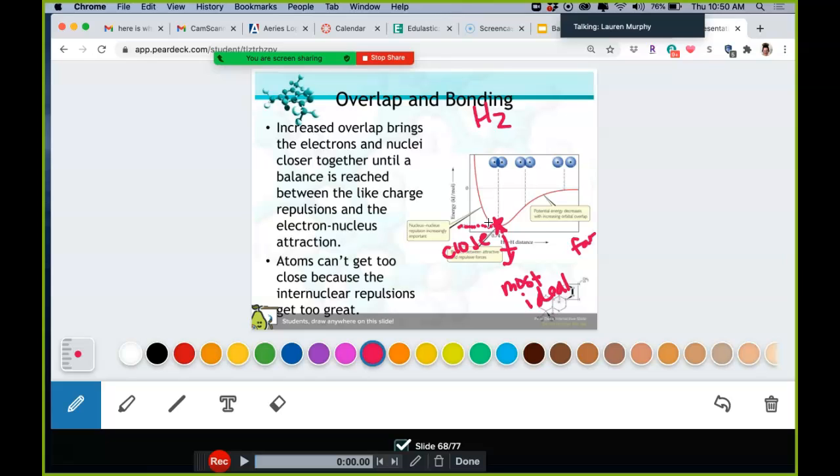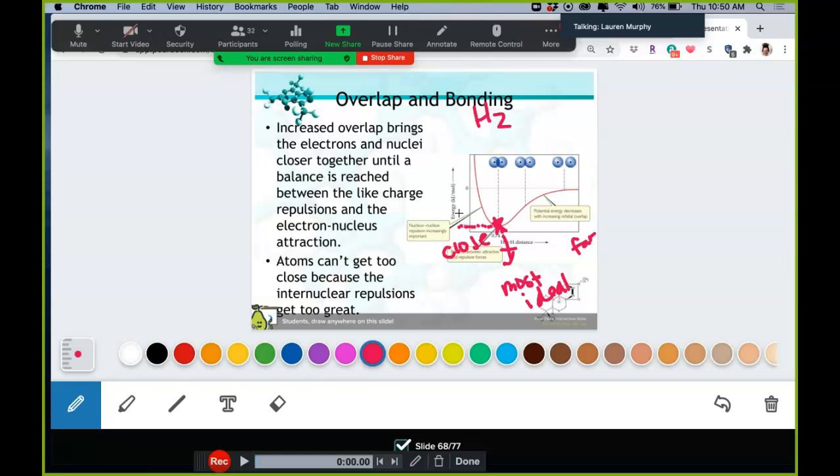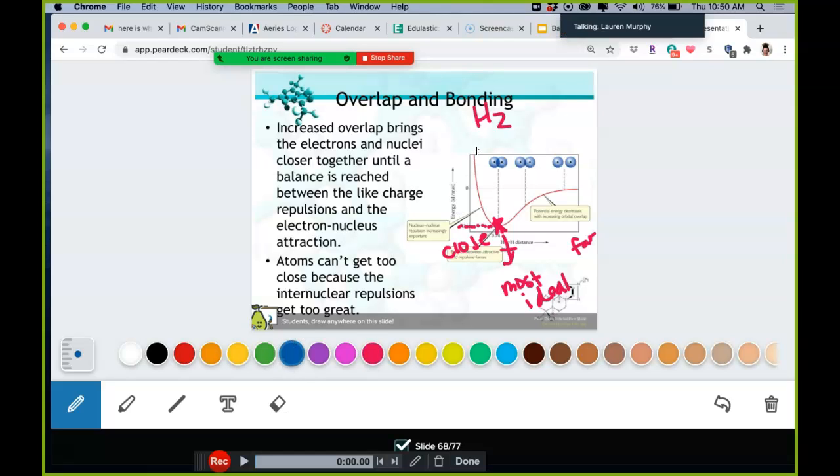Which means if you put two hydrogen atoms too close to each other, the nuclei get too close to each other. What do protons do to other protons in each nucleus? Well, they repel. So they don't want to be next to each other. So this is way too close. They're too close together. This is the best.